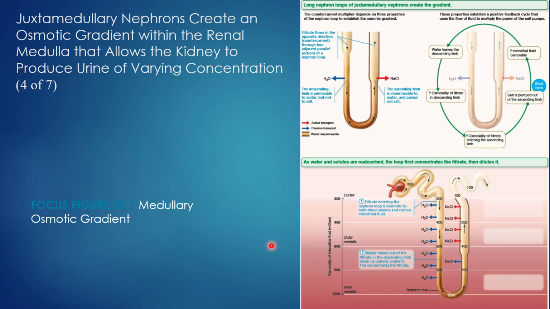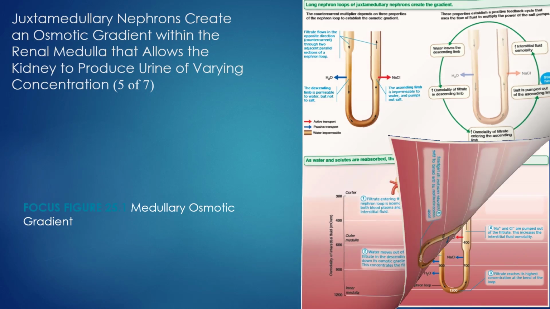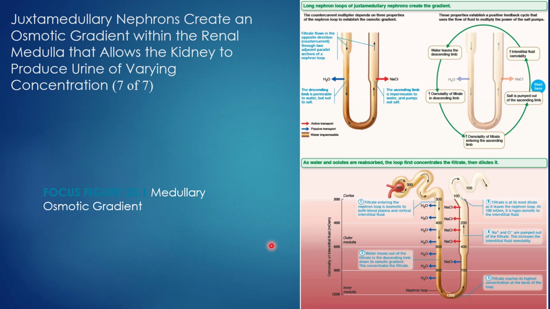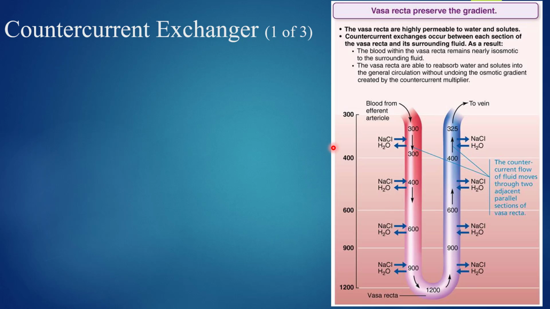So pretty much these are just the same things. All right. So again, the tube is the one that multiplies the salinity of the filtrate, and the vasa recta preserves the gradient.